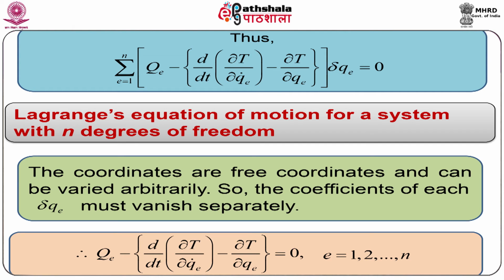Therefore, we have from this equation Q_e minus d/dt of ∂T/∂q̇_e minus ∂T/∂q_e equal to 0. ∂T/∂q_e denotes the partial derivative of kinetic energy T with respect to generalized coordinate q_e. q̇_e is the generalized velocity, T is the kinetic energy, t is the time, Q_e is the generalized force associated with the generalized coordinate q_e.